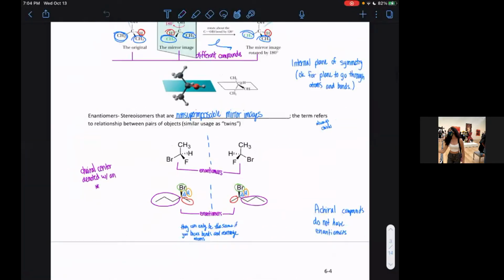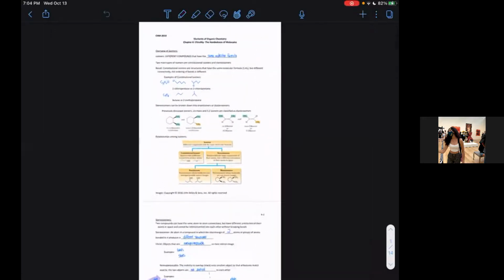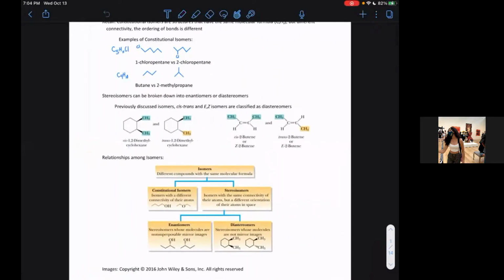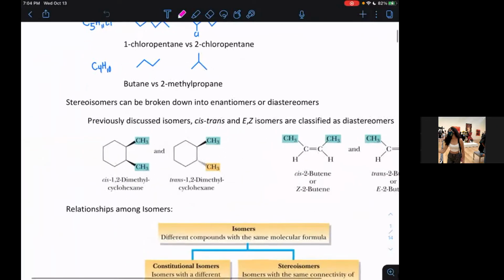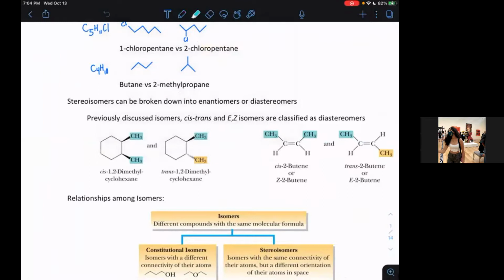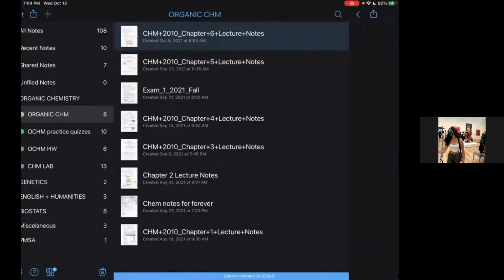Let me see. Oh, perfect. Okay, yeah. That's what I was looking for earlier too. So diastereomers are also E/Z, cis-trans. That's perfect. All right.